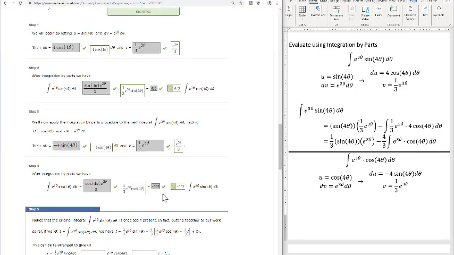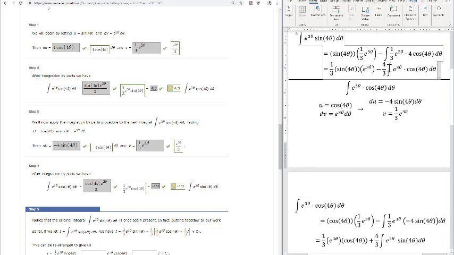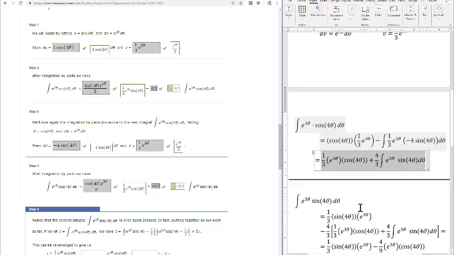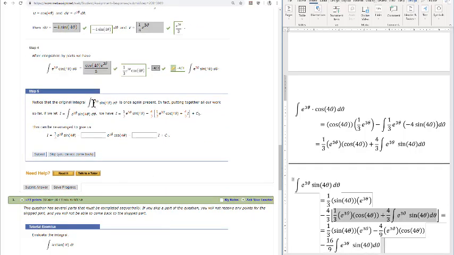Okay, so we found this integral right here, and we got it to be this, and now we're going to replace that integral back. All right, let's see how they do it here. The original problem is once again present.